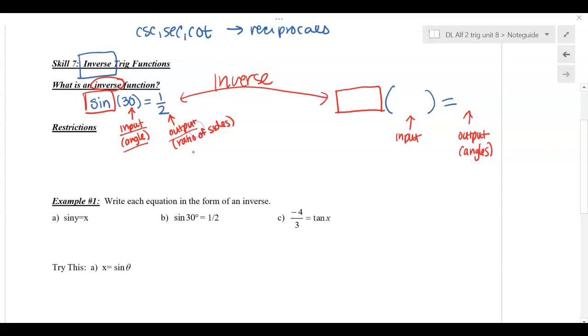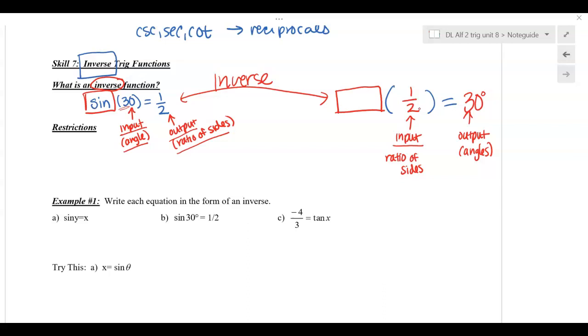The output with our trig functions was the ratio of sides. That means I expect the input to be the ratio of sides. So if we use the same information, a 30-degree angle with a sine of 1/2, 30 would now be the output. The input would be the ratio of sides, 1/2, put into whatever function we call the inverse function for sine.